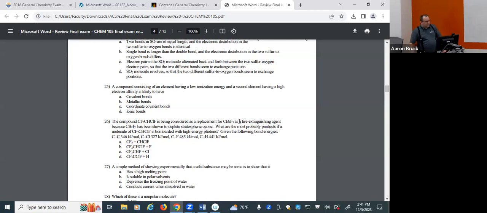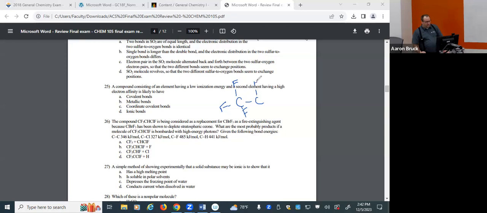Now, sometimes it helps in a question like this just to draw the structure itself, just so that you can see it laid out on paper to know what it's talking about. So I've got a 2-carbon molecule here. One of the carbons has 3 fluorines on it.